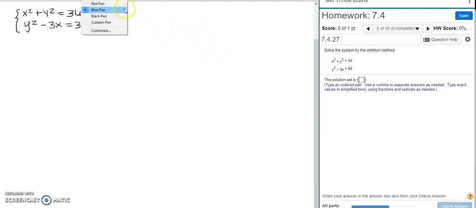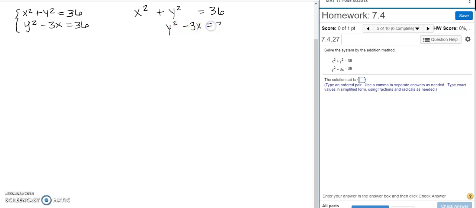But to do this with elimination, we need to line up our correct pieces. So I'm going to rewrite it. I have an x squared plus y squared equals 36. And then I'm going to space this out differently. I have the y squared lining up with the y squared minus 3x equals 36. Now, I want my y squareds to eliminate.